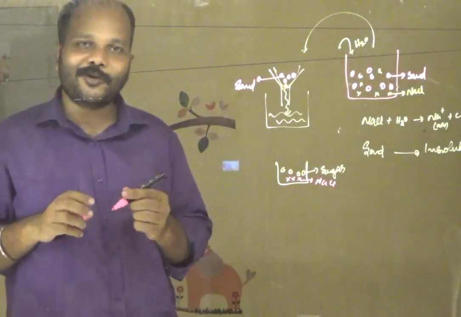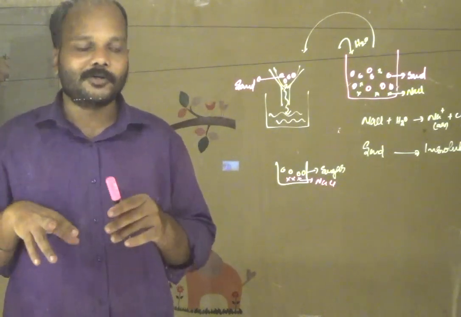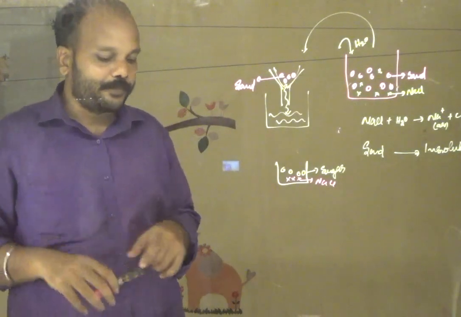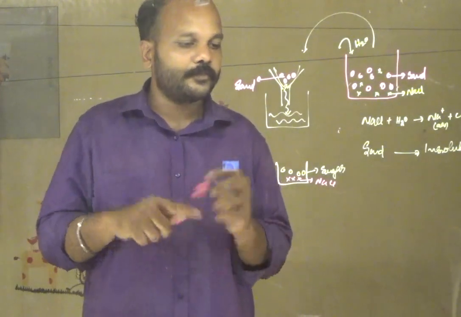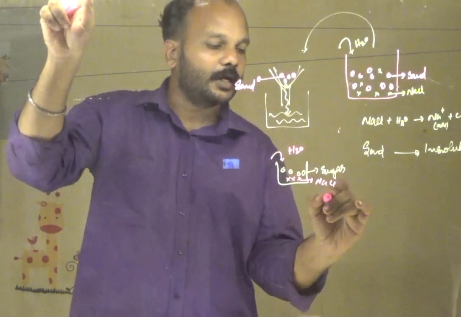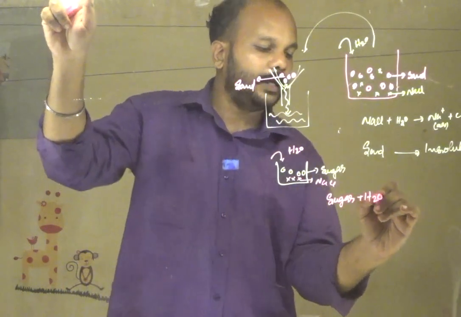We already know that sodium chloride is soluble in water. How about sugar? That is also soluble. Sodium chloride and sugar both are highly soluble in water. So, if you pour water, sugar also is going to be soluble in water very nicely.